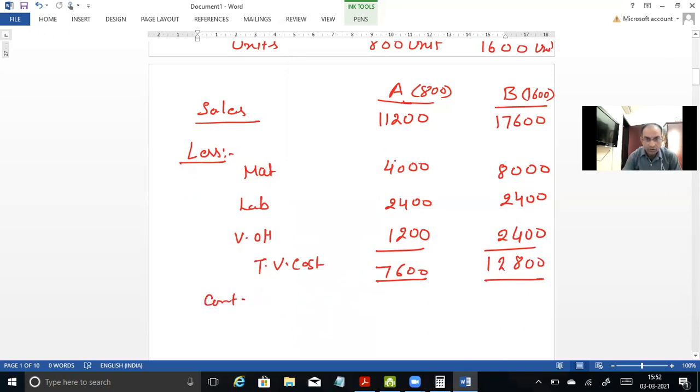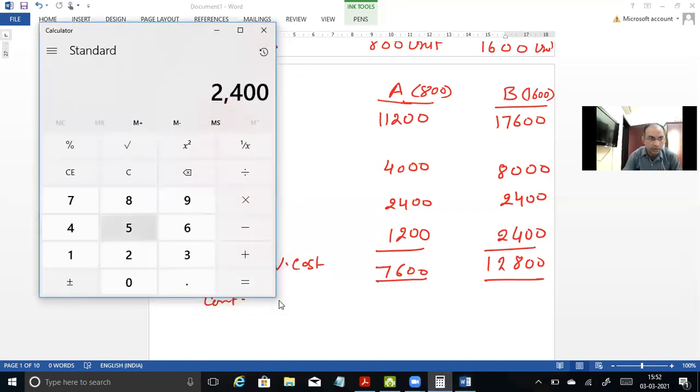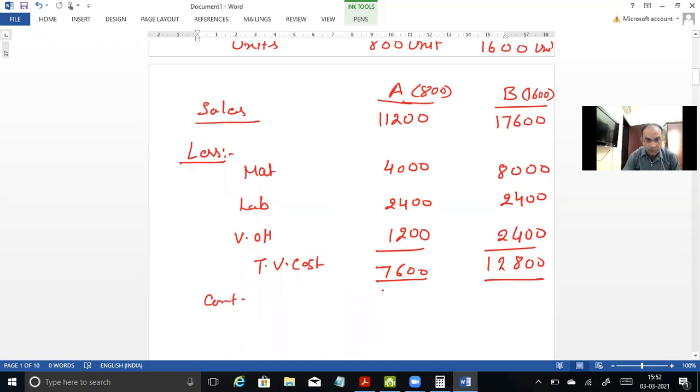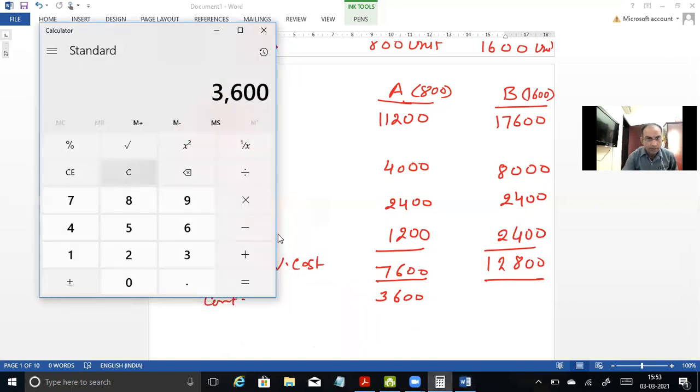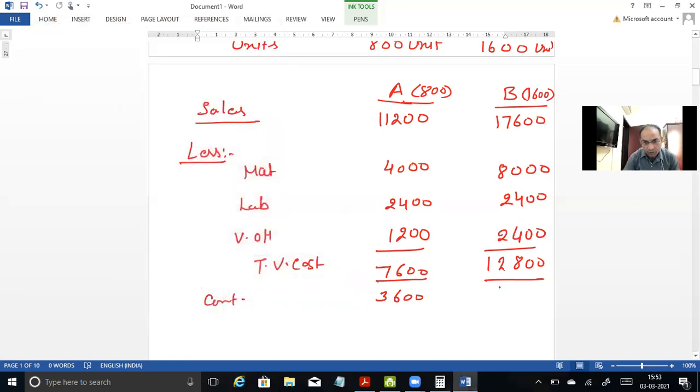Contribution is 11,200 minus 7,600, it comes to 3,600. 3,600 is the contribution, and here our contribution would be 17,600 minus 12,800. So it is 4,800.